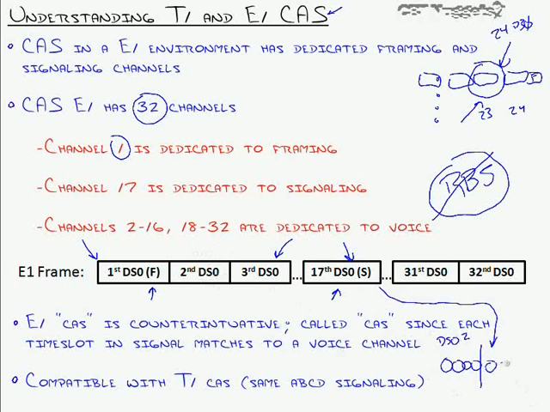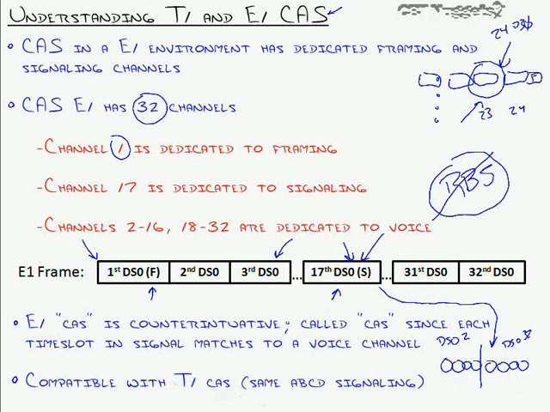The second 4 bits are dedicated to DS032, the last voice channel. Now, as the next frame comes across, the first 4 bits will be dedicated to DS03, and the last 4 bits will be dedicated to DS031. It kind of counts its way down and meets in the middle.